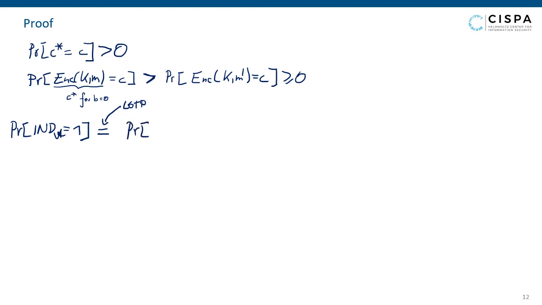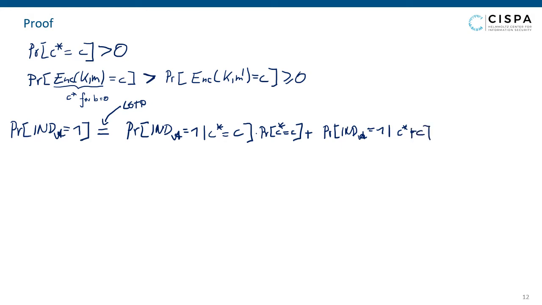So let's use the law of total probability to write this as the probability that int A equals 1, conditioned on C star equals C, times the probability C star equals C, plus the probability that int A equals 1, conditioned on C star not equal C, times the probability C star not equal C. We already know that if the challenge ciphertext C star is not equal C, then my adversary just outputs a uniformly random bit, and the probability that this B prime is the same as B is exactly 1/2.